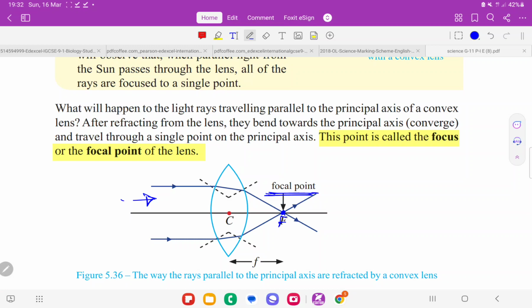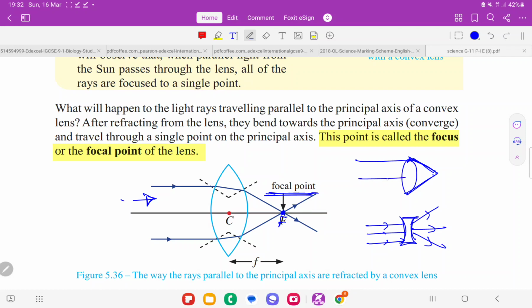Right? So always remember, convex lenses are convergent lenses because they converge light rays. But concave lenses are divergent lenses because these parallel light rays diverge.